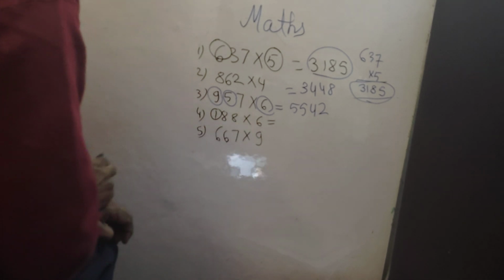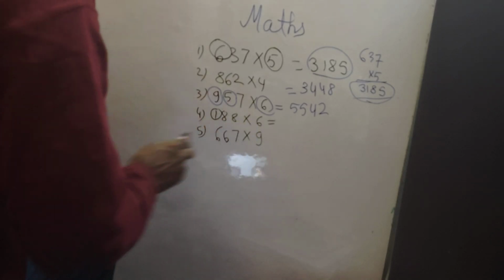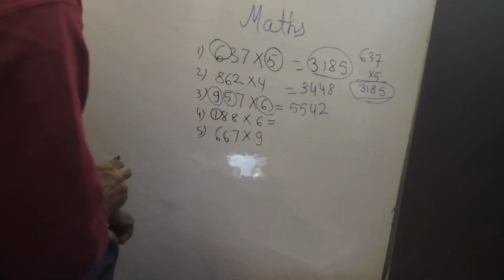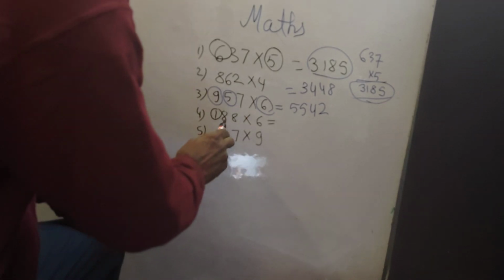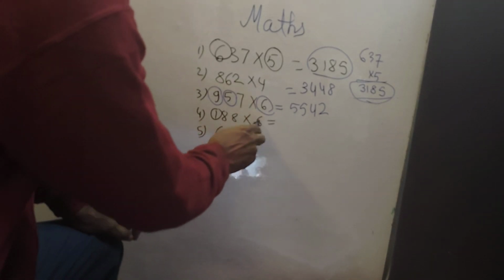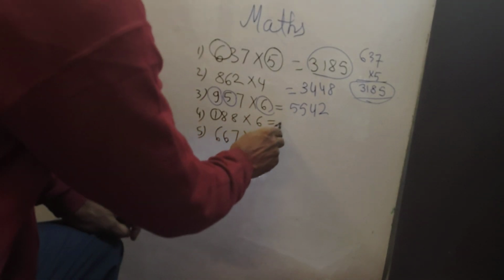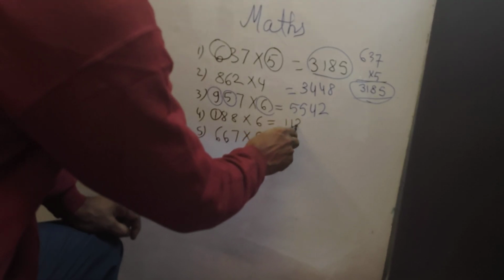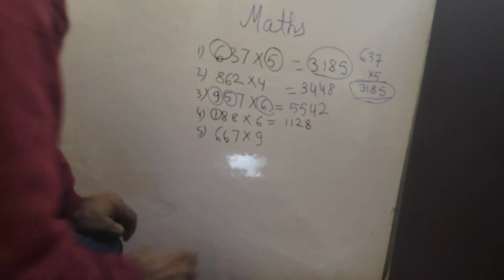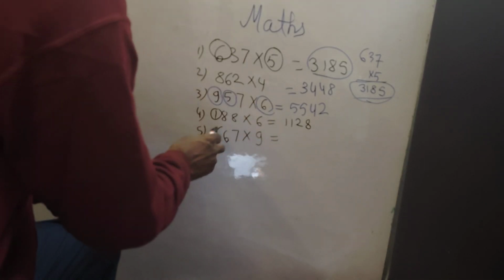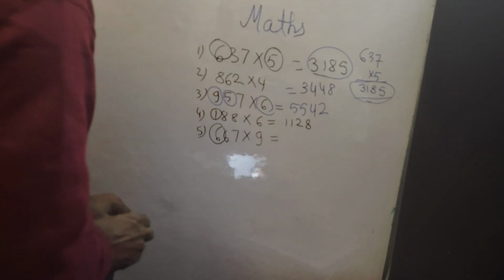So 80 into 6, 8 times 6 is 48, so 480. 480 plus 600 is 1080. 1080 plus 8 times 6 is 48. So it is 1128.